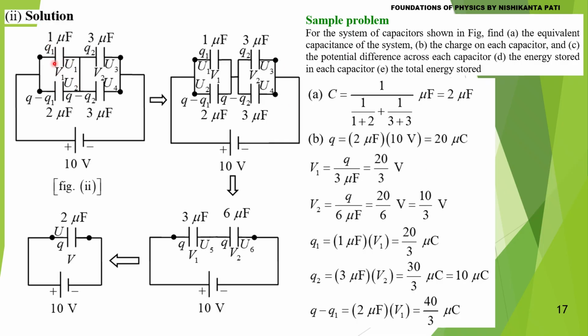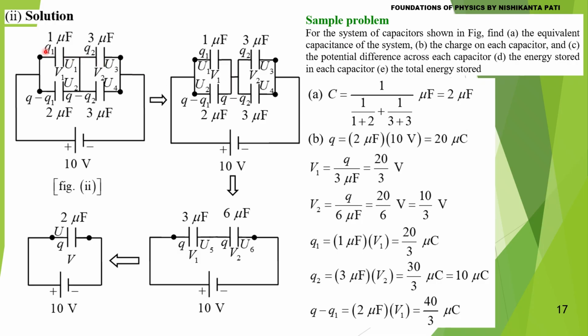These two capacitors are connected in parallel. These two capacitors are connected in parallel. This parallel grouping and this parallel grouping are connected to each other in series. So this circuit is equivalent to this circuit.